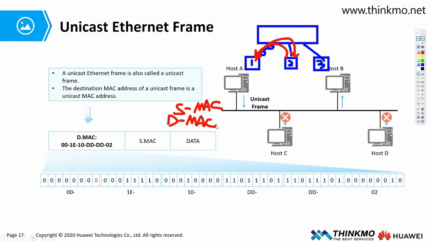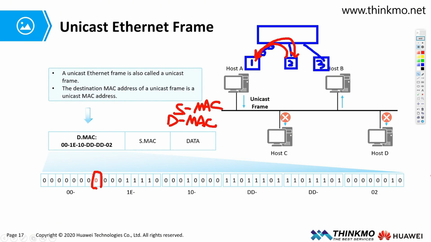So, you might ask, what does unicast look like? How do we identify a MAC address as unicast? How do we check it? You need to convert the MAC address from hexadecimal to binary. After conversion, we count from left to right, from high to low, and if the 8th bit is 0, it indicates a unicast.